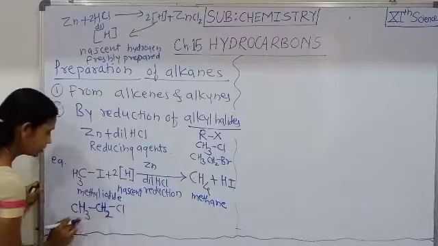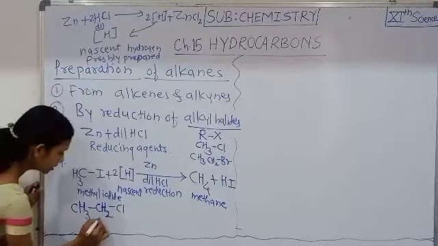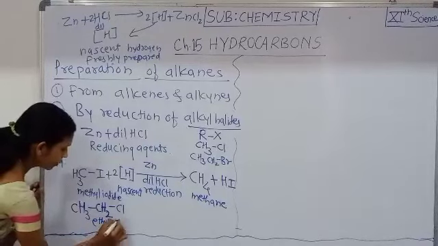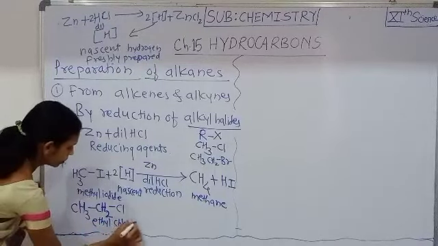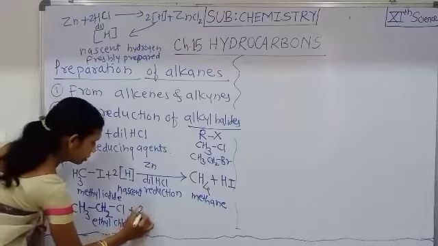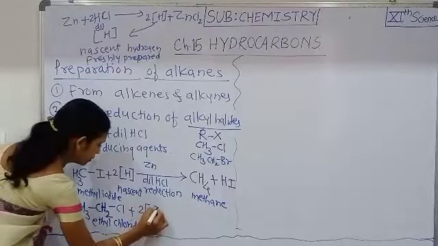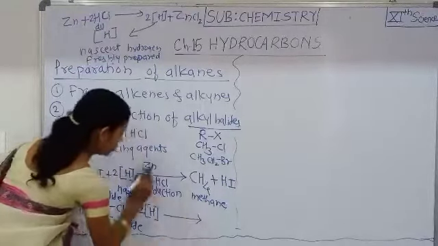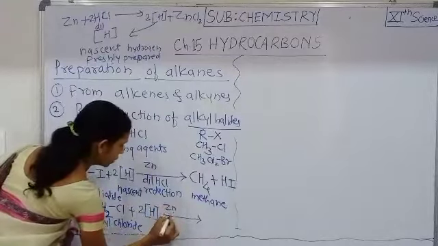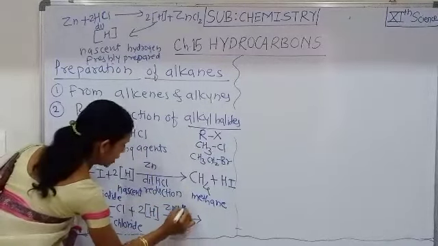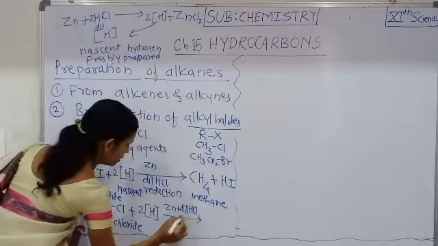See here, CH3CH2Cl, ethyl chloride, undergoes reduction in the presence of zinc and dilute HCl.